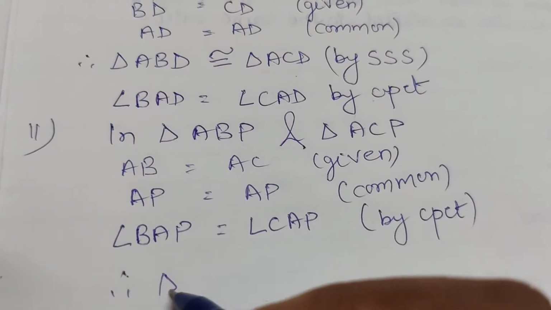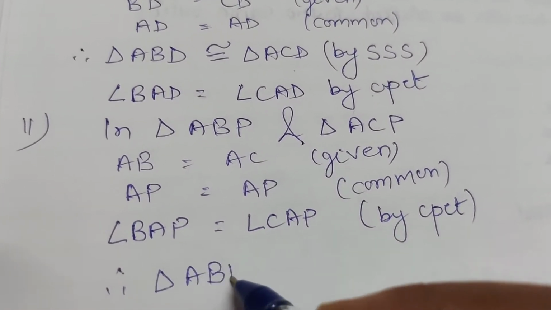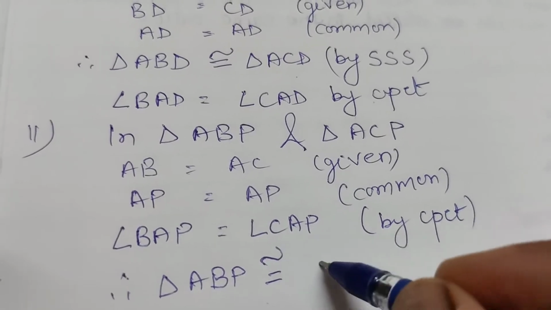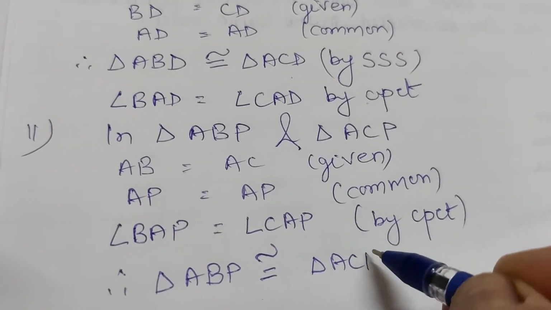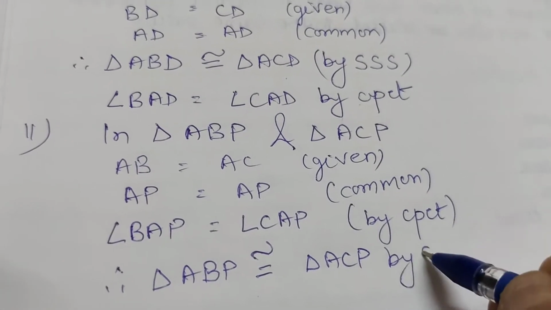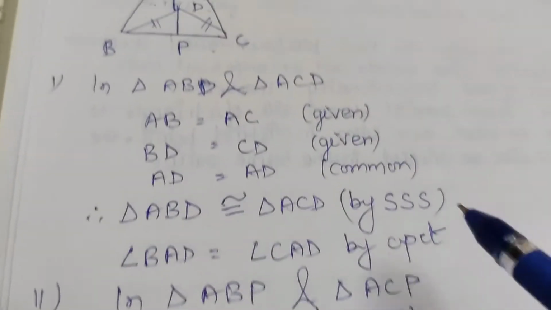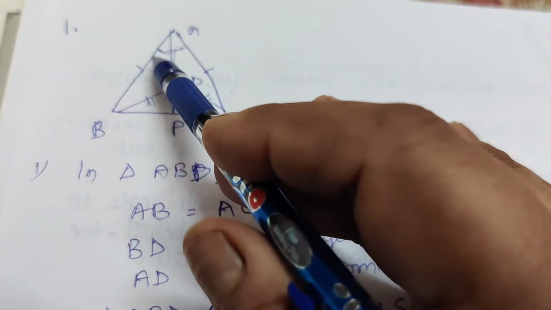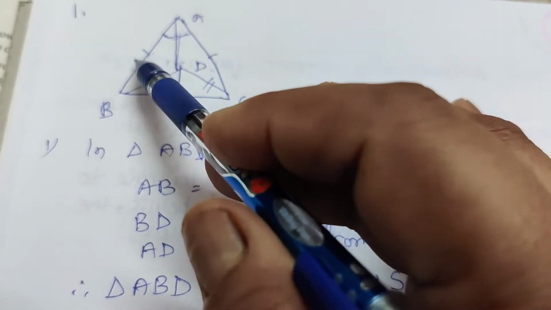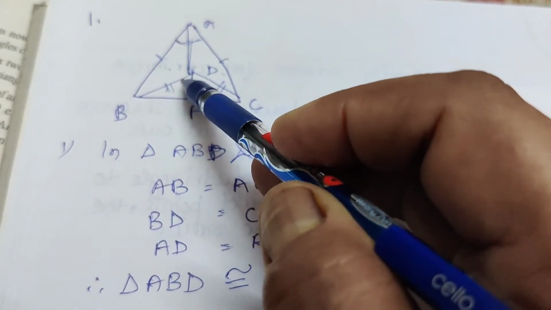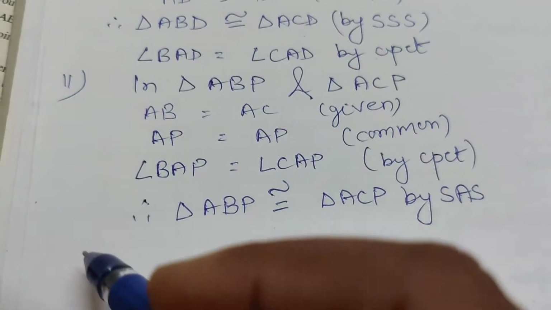Therefore, triangle ABP is congruent to triangle ACP by SAS. SAS means side, angle, side. Number 3.